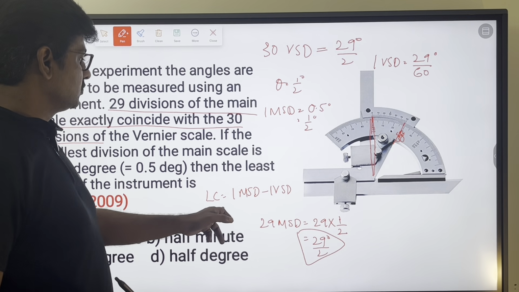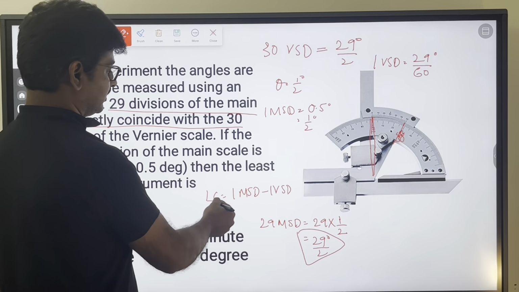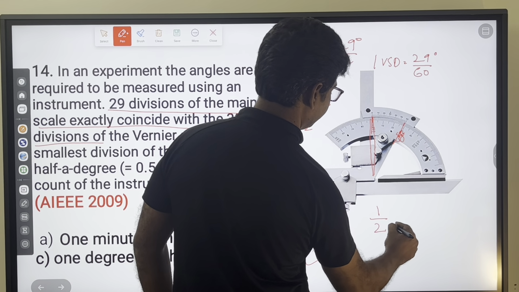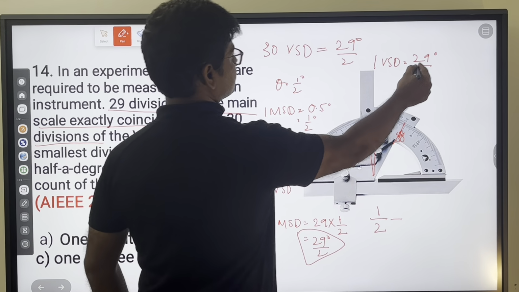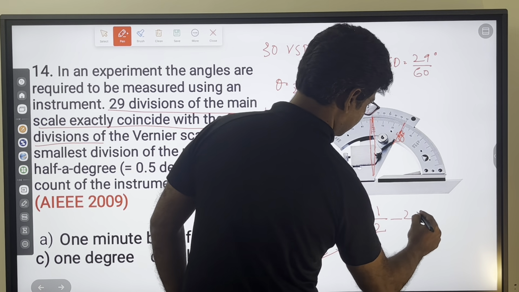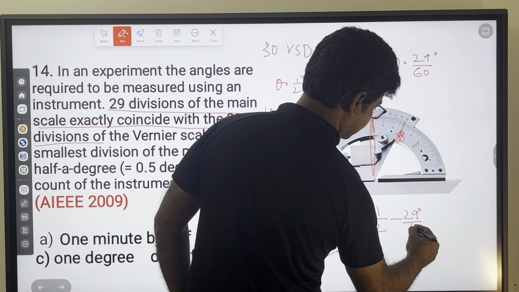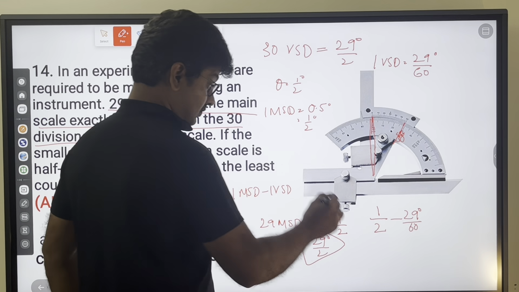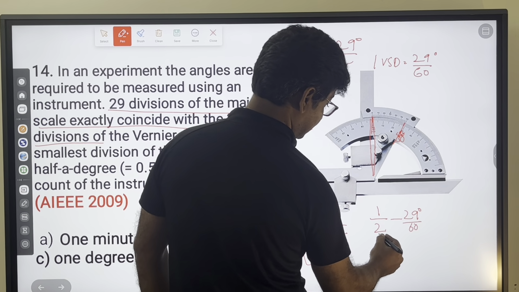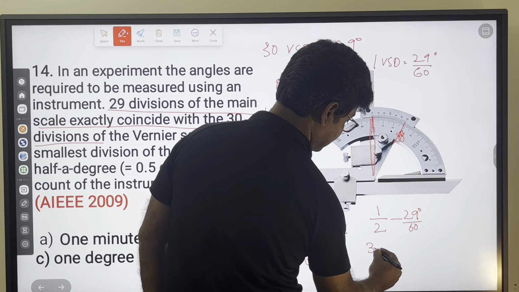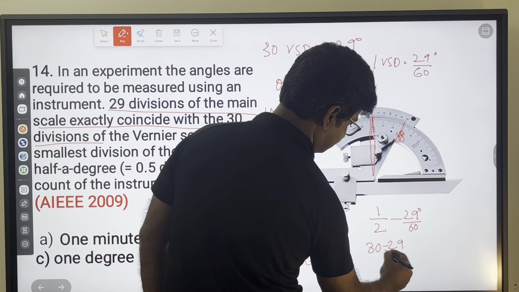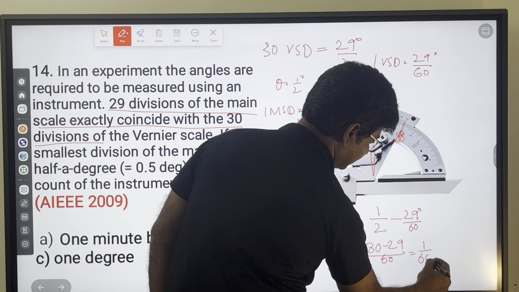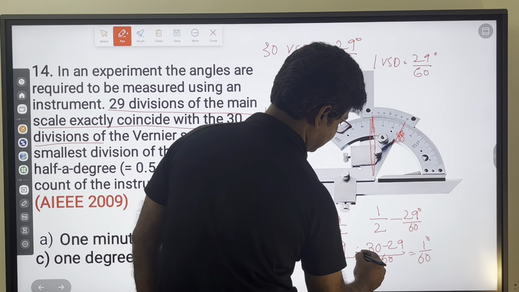So what is the least count? 1 MSD minus 1 VSD. 1 MSD means half a degree, and 1 VSD means 29 by 60 degrees. So how much do you get? Taking LCM 60, this is 30 minus 29 by 60, which is 1 by 60 degrees. This is the least count.